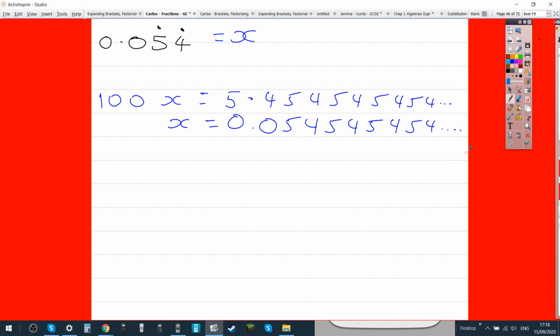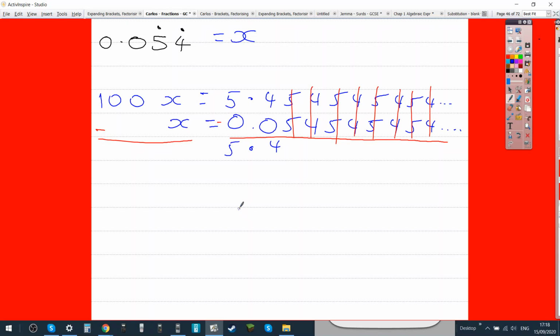And what's next? Next, you have to take it away. Yeah. So 4 minus 4 is 0, 5 minus 5 is 0, 4 minus 4 is 0, 5 minus 5 is 0, 4 minus 4 is 0, 5 minus 5 is 0, and 4, and then for this one, it would be 4 and 5.